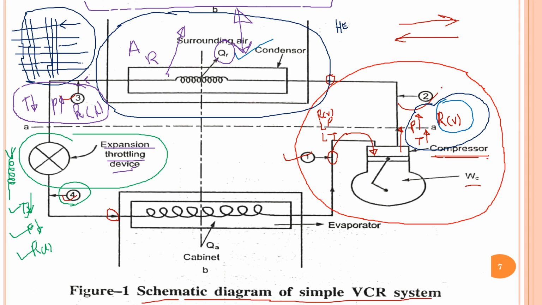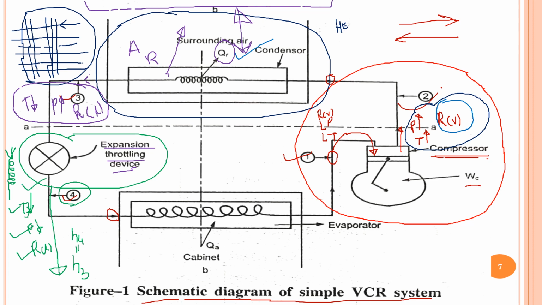And here the expansion which takes place is isenthalpic expansion. So enthalpy before throttling, that is H3, equals H4. Enthalpy before throttling and enthalpy after throttling remains same. It is isenthalpic process. At later stage we will discuss what is isenthalpic process and how we are representing it on pH diagram.